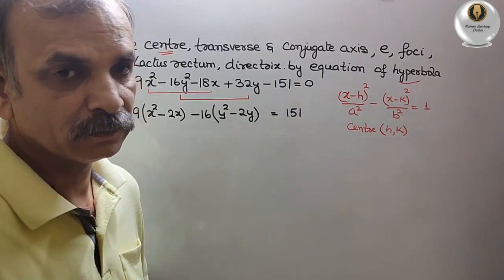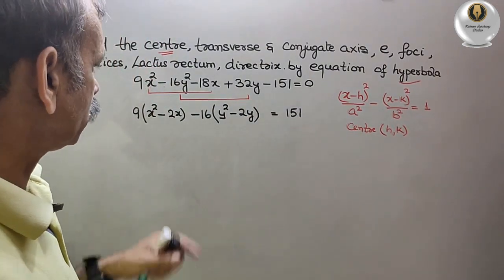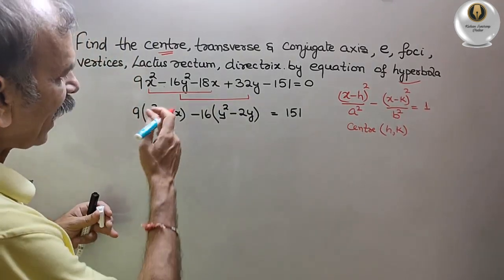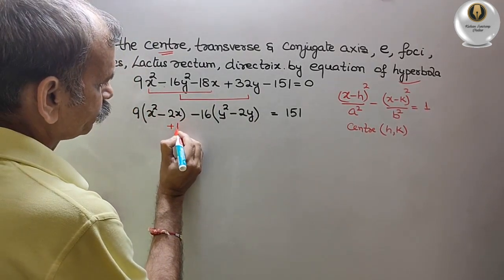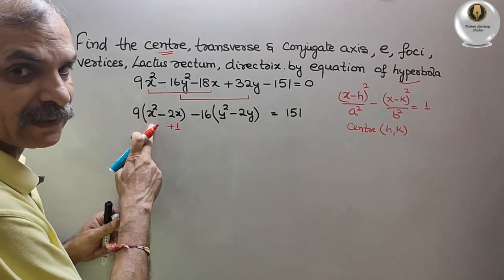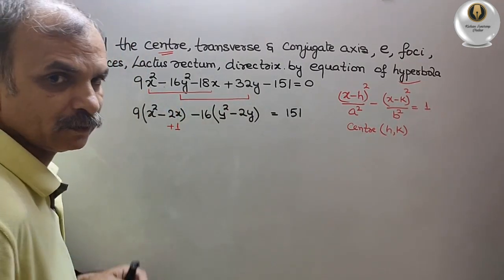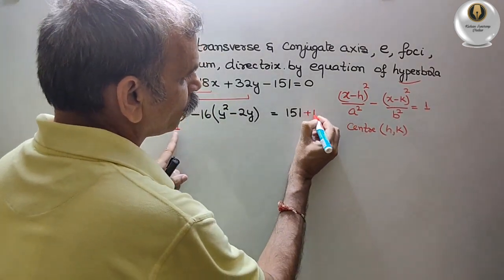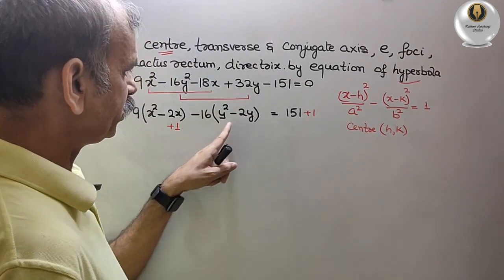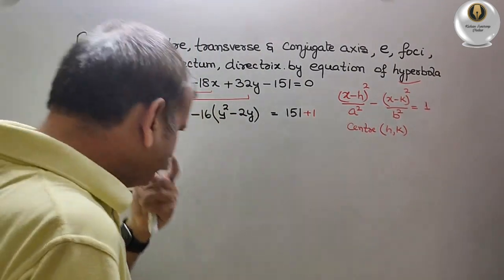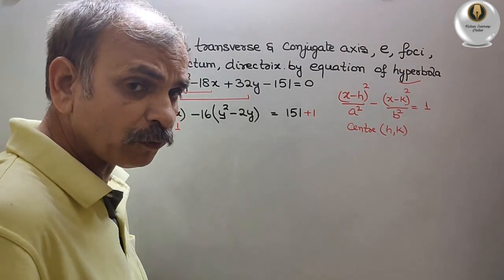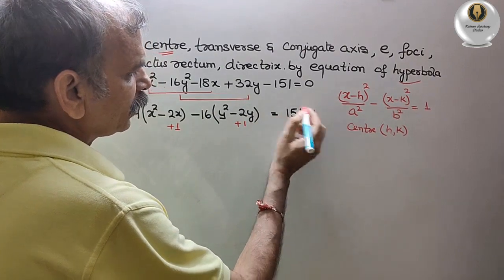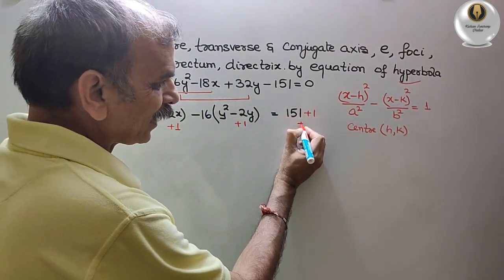Now we want to make it like this. How will it be? Here if we add 1, it will be (x minus 1) whole square. That means we have added 1 here, so we should add 1 on the other side also. Similarly, for the y terms we add 1 inside.